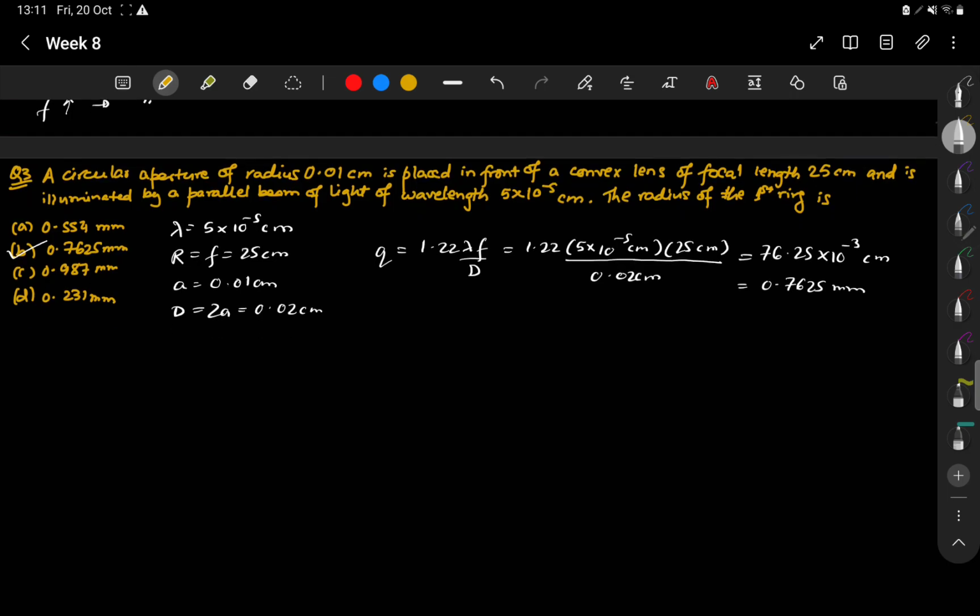Question number 4. This is on Rayleigh's criteria.